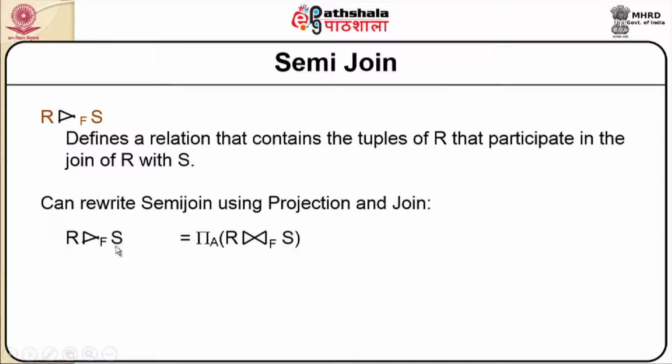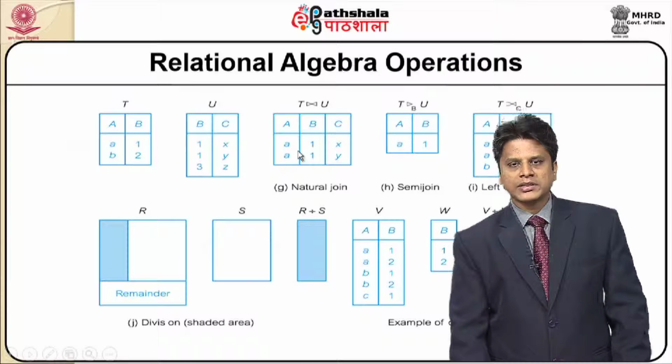R semi join S is equal to projection of R equijoin or natural join S with a predicate A, that we have represented here.